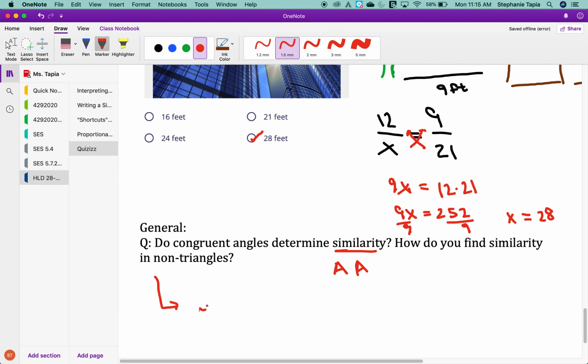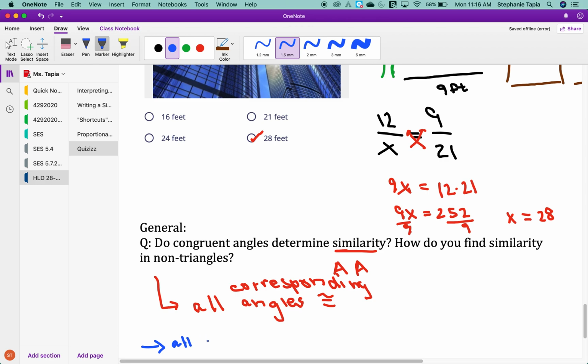So all angles congruent, or all corresponding angles congruent, and then the other qualification is that all corresponding sides are proportional.